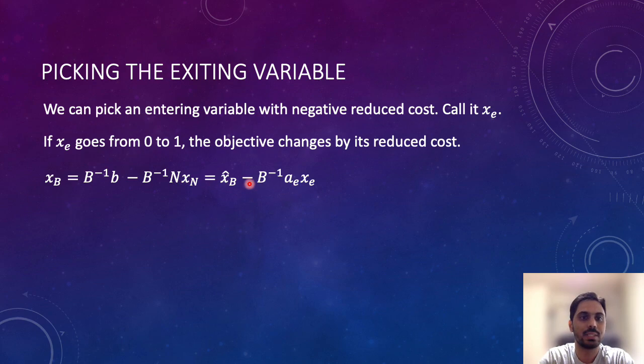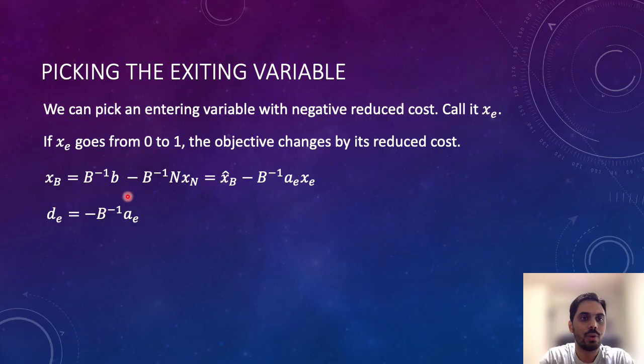So this second term will be B inverse times the entering variable's column, times the entering variable. Let's also denote this term with a simple notation: minus B inverse ae is de.